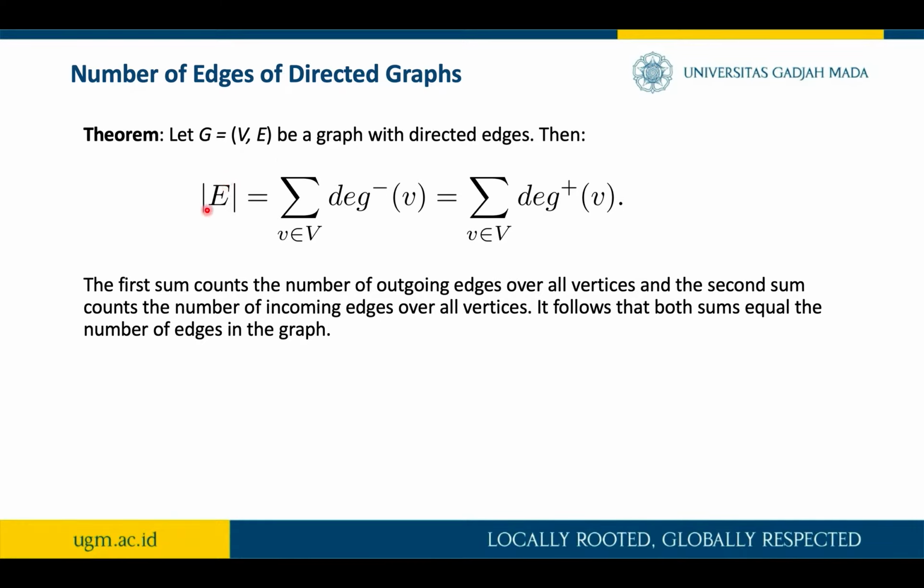Then the total number of edges E is the summation of the in degree of V, in which V is an element in the set V, or it can also be counted by the summation of the out degree of all vertices V in set V.